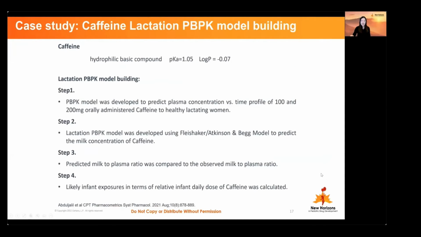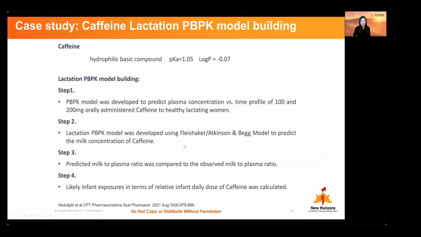So very briefly, I want to highlight this caffeine example. So here are the physicochemical characteristics of caffeine. And in terms of the lactation model building, it involves the following steps. First, we establish a model to make sure that it can predict the maternal plasma concentrations in healthy lactating women following different dosing regimens.